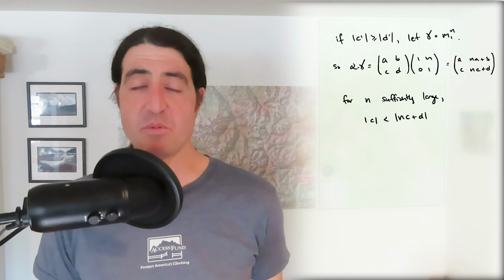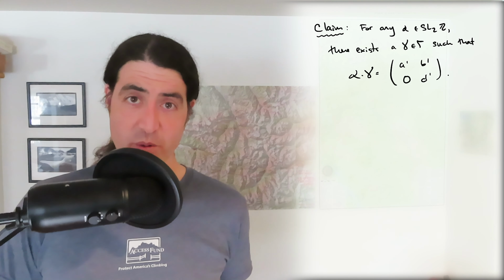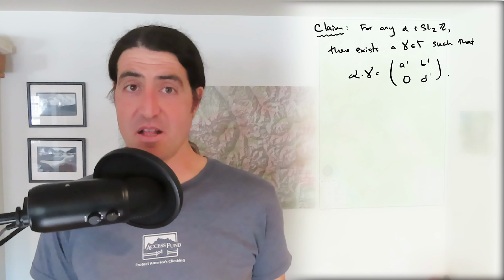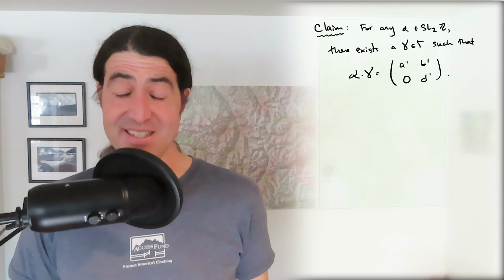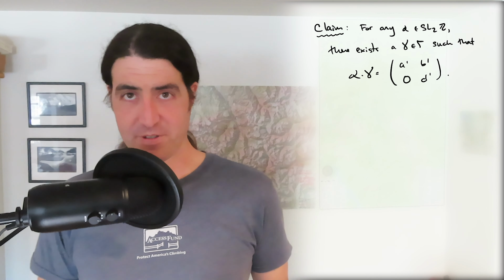So for every alpha in SL2Z, there exists a gamma in capital Gamma such that the product alpha times gamma gives us the following matrix of the form. That is to say, the lower left-hand element is 0, precisely 0. So, proof.